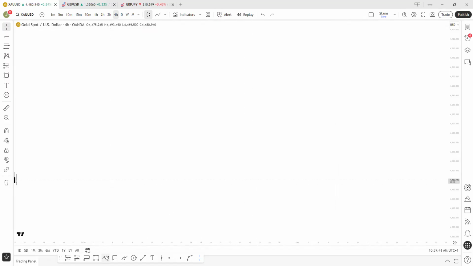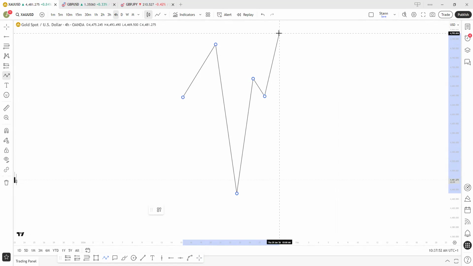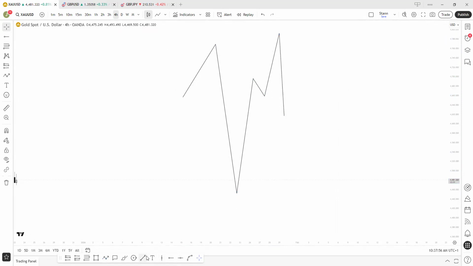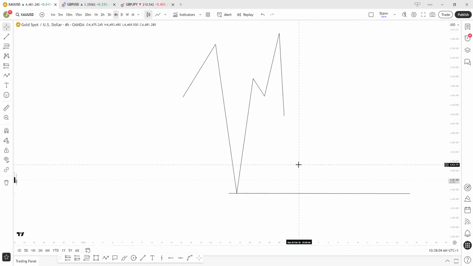So let's say you have a range high and a range low. Now, if the market goes and takes out the range high, and we break structure inside, I expect that in the coming price delivery we get to the range low.